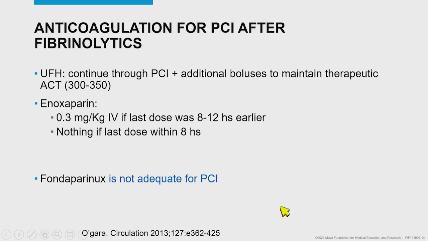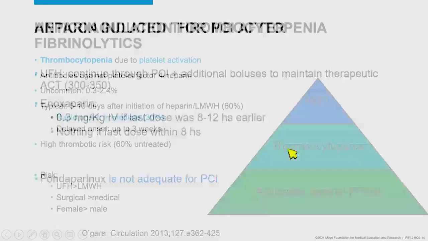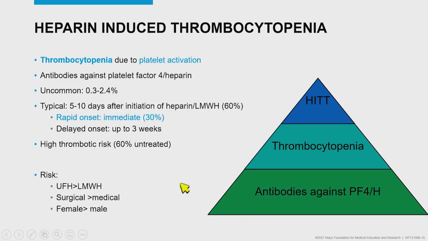Patients that have PCI after fibrinolytics also need to be on anticoagulation. And remember again that fondaparinux is not adequate for PCI. For unfractionated heparin, we'll gauge the dose based on your ACT. And for enoxaparin, we will dose it depending on when the last dose of the medication was, to transition to the PCI.